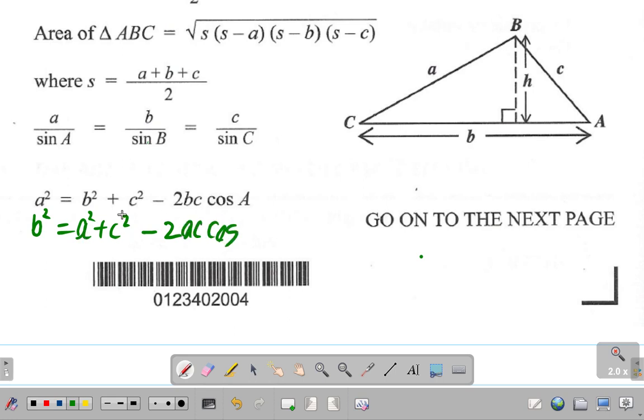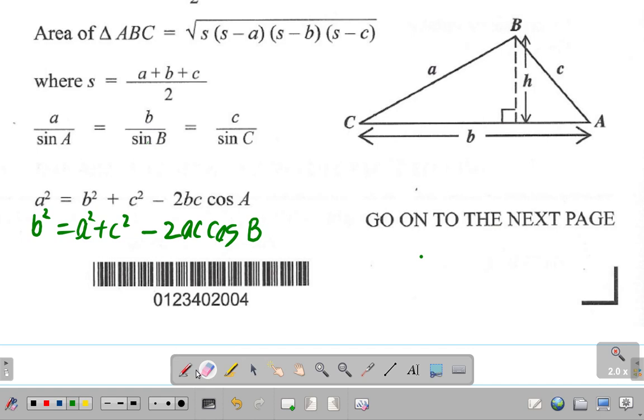Now notice that side A was squared in the first and it was the cos of the angle A. Side B is squared here, so it's cos of the angle B, uppercase B, because this is side B and this is the angle B. Alright?